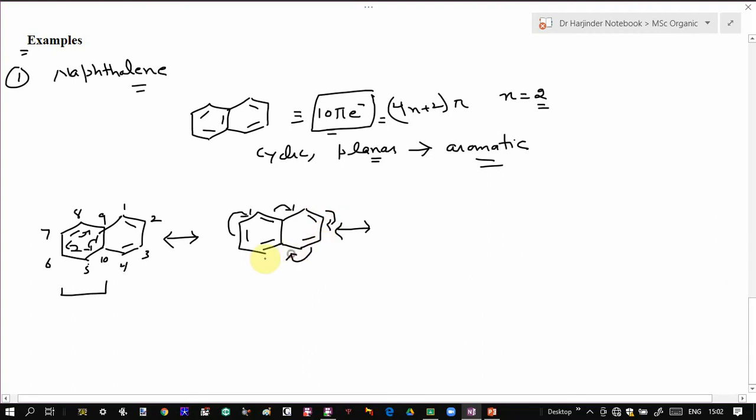This will go over here. And this double bond will move over here. Okay, we should not move inside. We have to move them on the outer portion of this ring. So this gives you a double bond over here. Okay, and this double bond is shifted over here. This shifted over here, this shifted over here, and then this shifted over here.